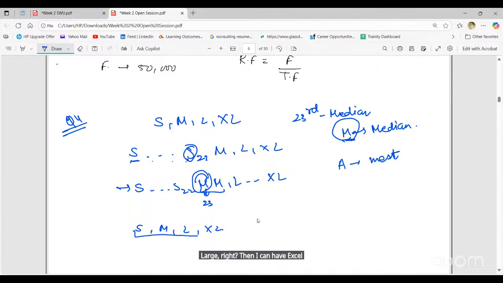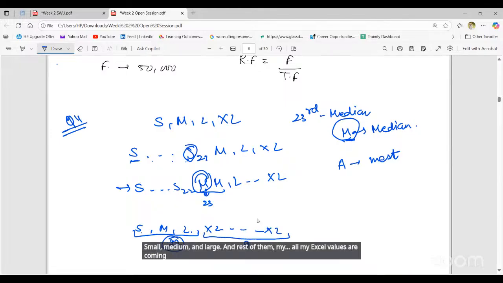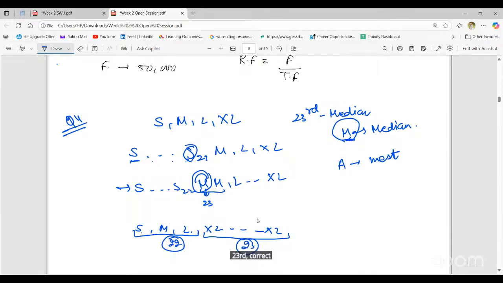So till 22, I am having small, medium, and large. And the rest of them, all my XL values, come out to be 23, correct? Yes, ma'am. So these are the mostly preferred sizes for the players. So he will choose XL only in that case, if there is a case like this. Okay.